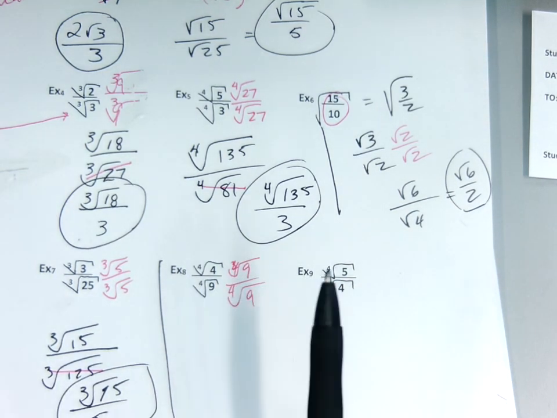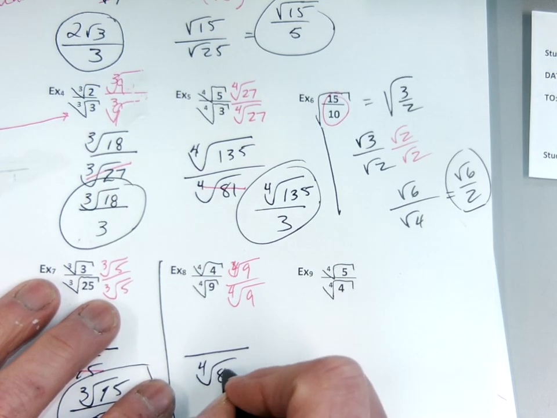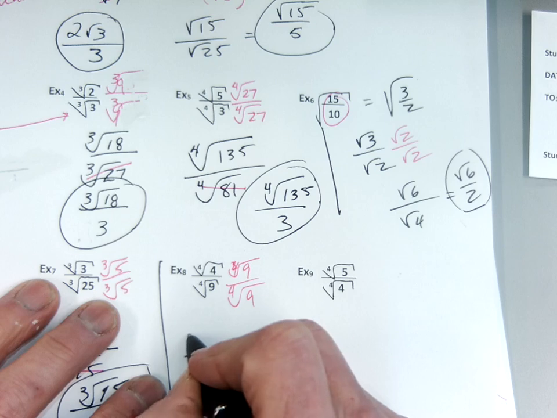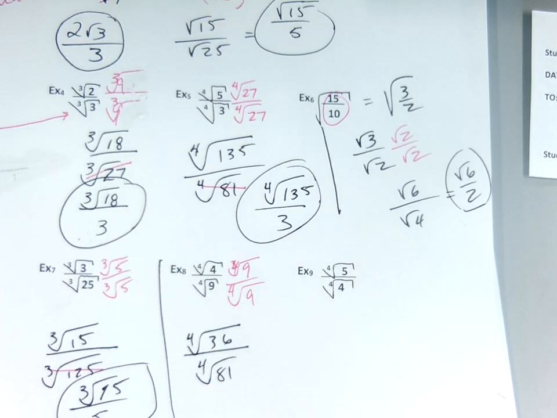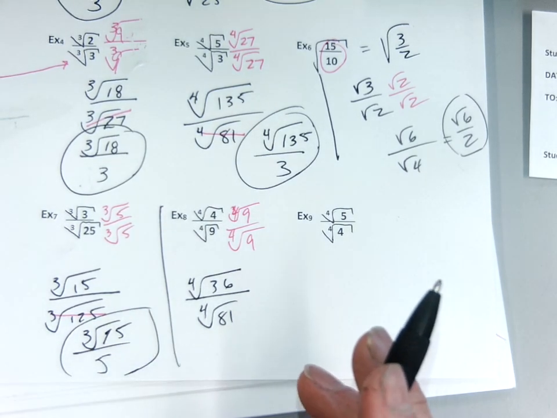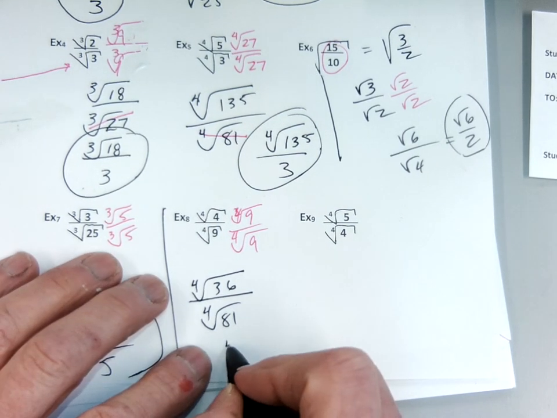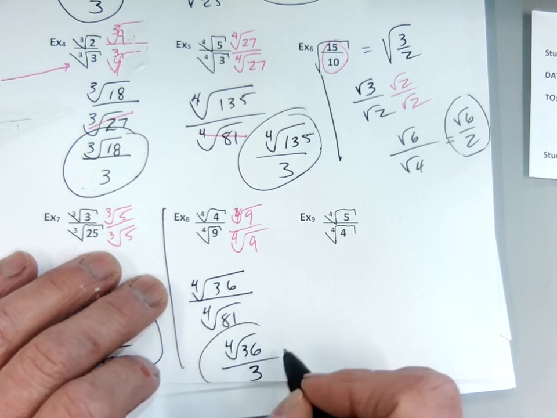In the numerator, I'll have the 4th root of 36. There is no 4th root of 36, so don't bother. It's just going to be the 4th root of 36 over 3.